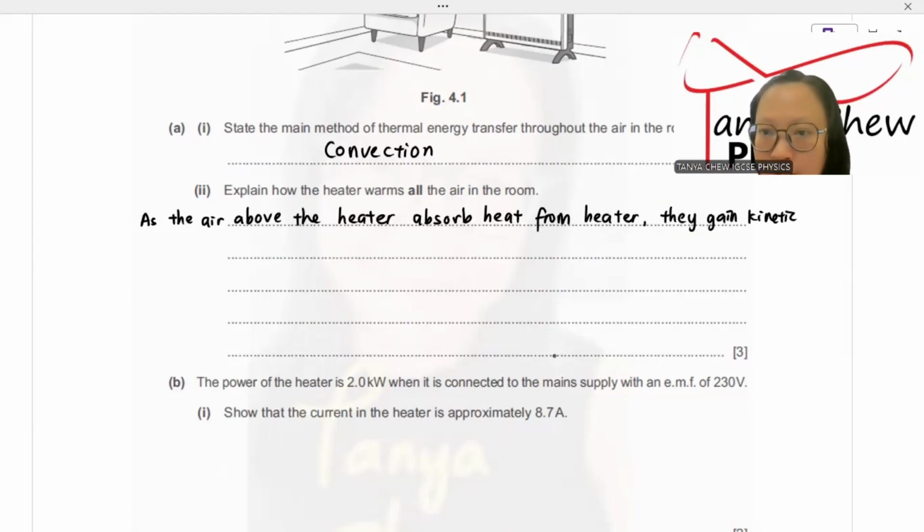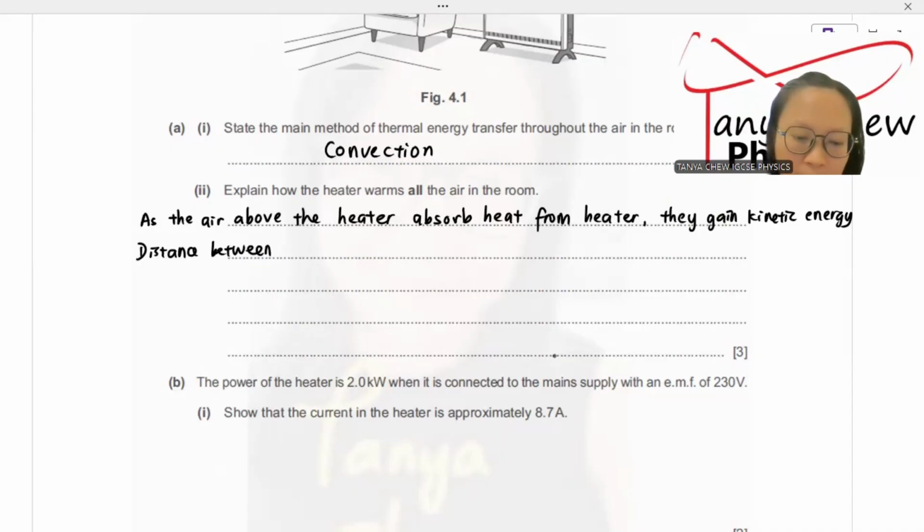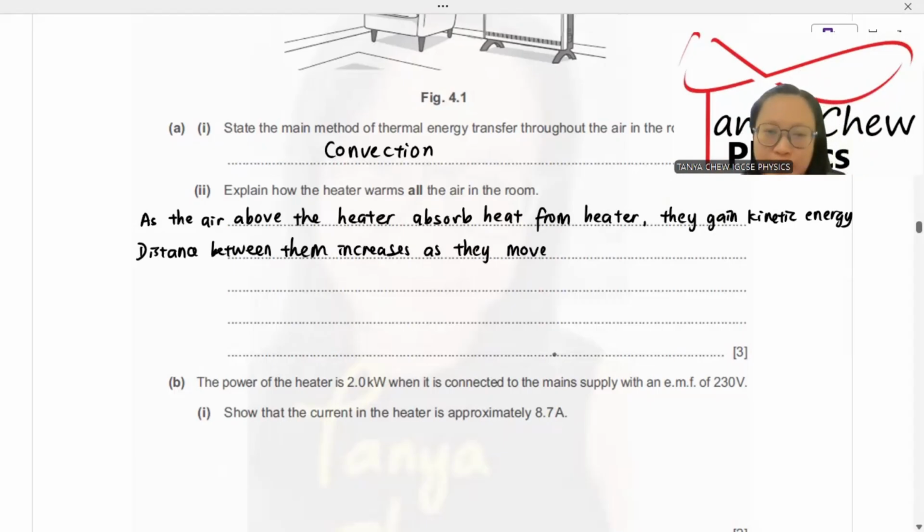Remember, the energy that is related to temperature is kinetic energy. So what happened? The distance between them increases as they move, because they have more energy, so they move faster, so the distance between them increases.